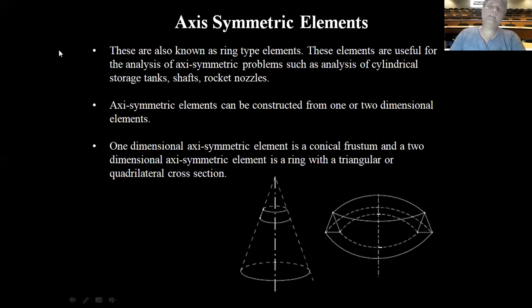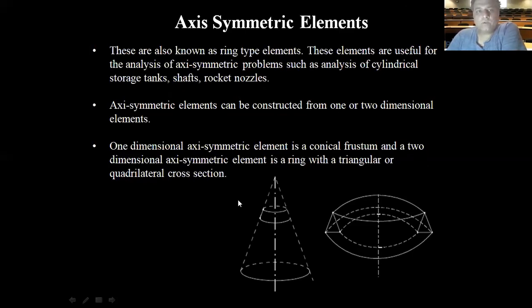So now you have another family of elements which is called axisymmetric elements, and they are also called ring type elements. And these elements are useful for the analysis of axisymmetric problems such as analysis of cylindrical storage tanks, shafts and rocket nozzles. The axisymmetric elements can be constructed from one or two dimensional elements.